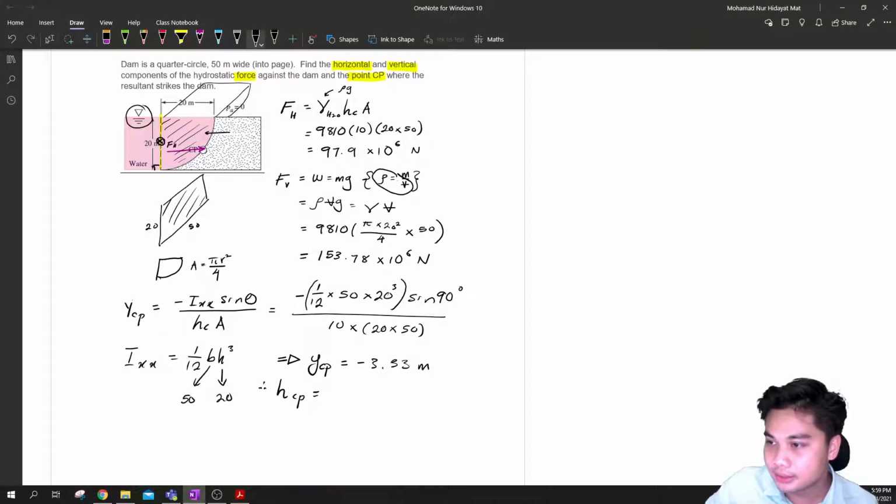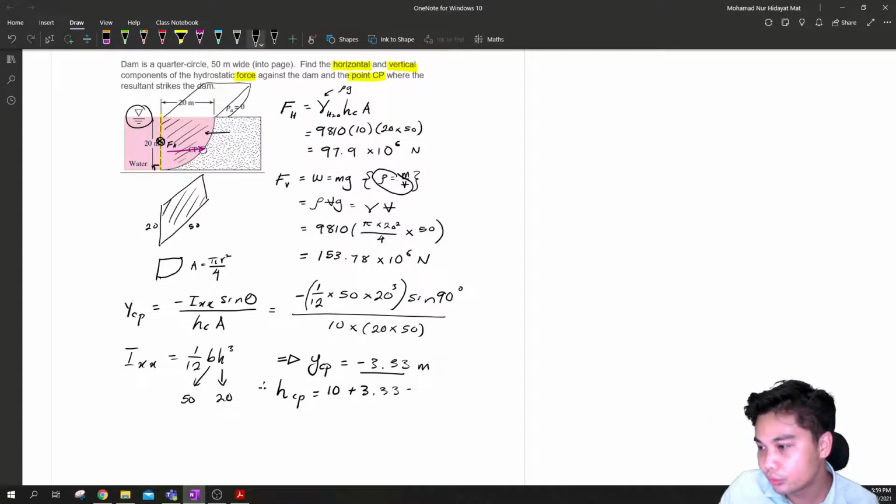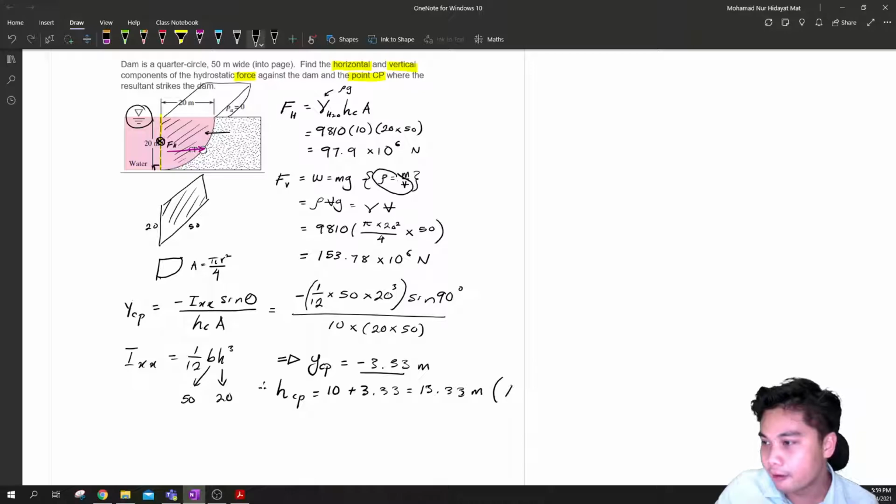This is half, which is 20 divided by 2, which is 10, plus this value. Alright, when you add, don't consider the negative because it is below the centroid. So 3.33. So you will get 13.33 meter from the free surface. That is the point of FH.